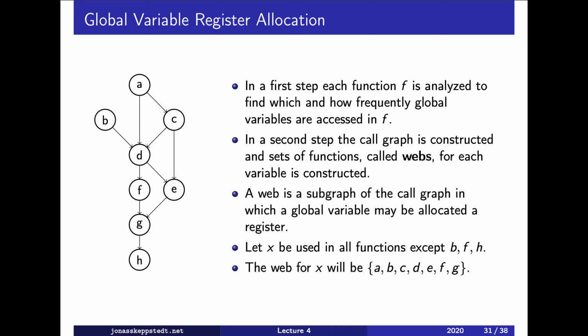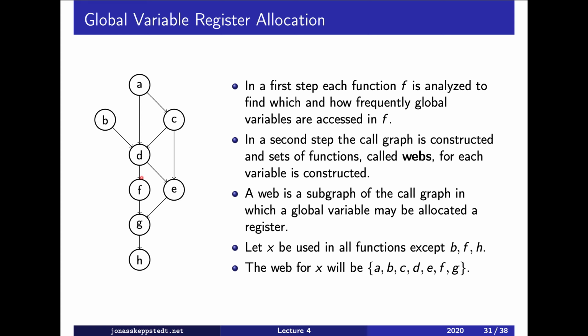Furthermore, we see that F is not accessing the variable, but G is. So we have to keep the variable in this function f, since it could be saved and then reloaded when we call G, but that's too detailed a decision to make as the general approach.